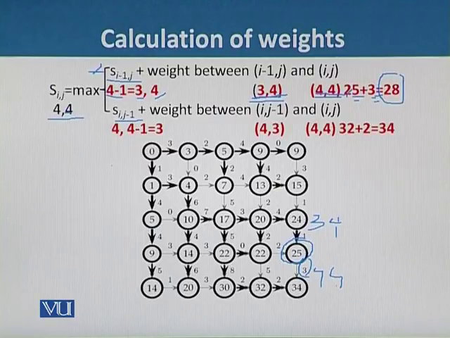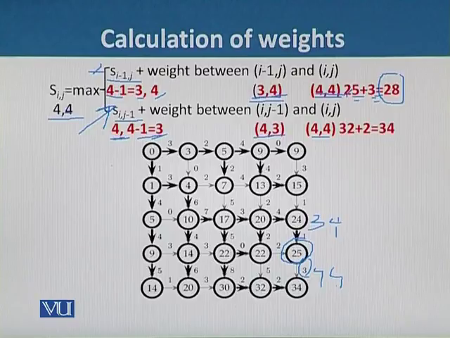Similarly, we have to use the second formula also. We will use here the original value of i, that is 4, and we will minus 1 from the value of j, making it j minus 1, and it will become 3. So we have to find the weights between i, j minus 1, that comes out to be 4 and 3, and we have to calculate between i and j, that has the original value of 4 and 4.